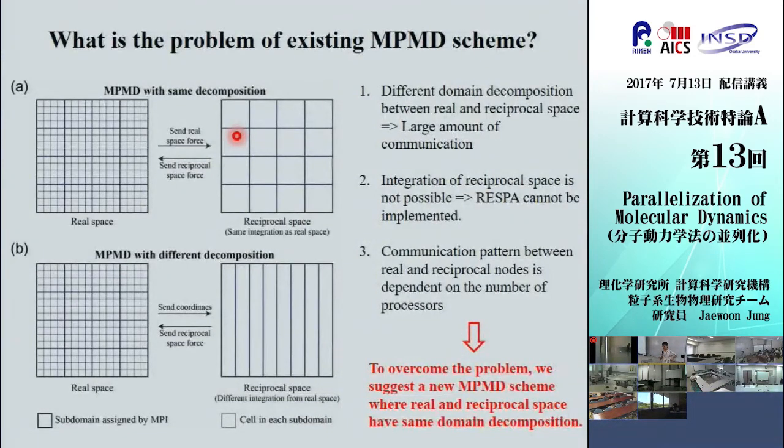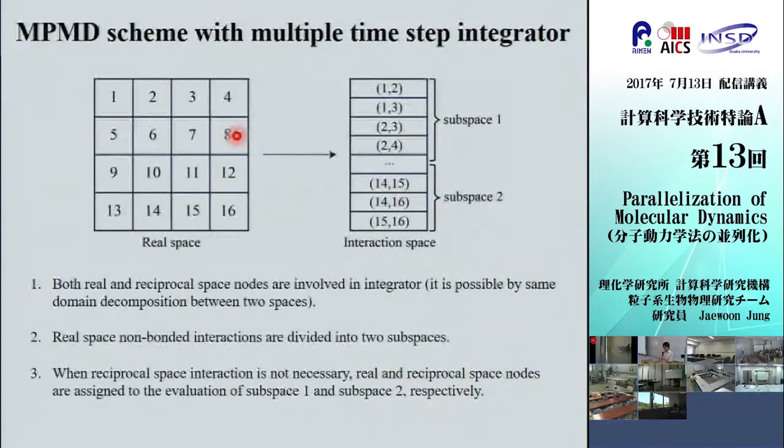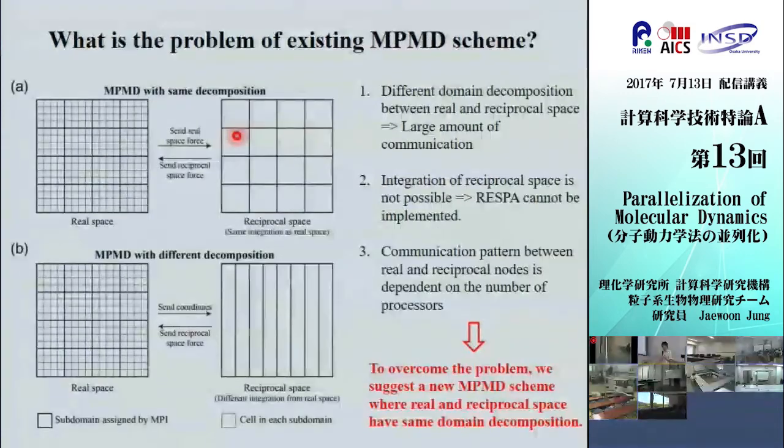Then I have a question. If we calculate FFT, then some processors calculate this, and other processors calculate reciprocal space. It's okay. But if we assign multiple time-step integration, FFT is skipped. In this case, these processors just idle or do something.